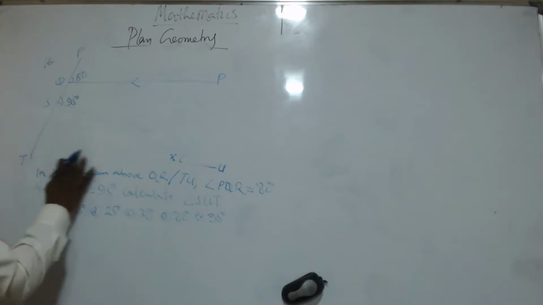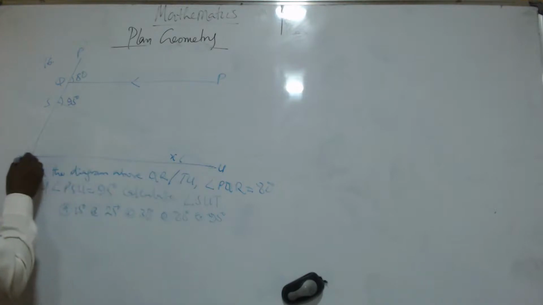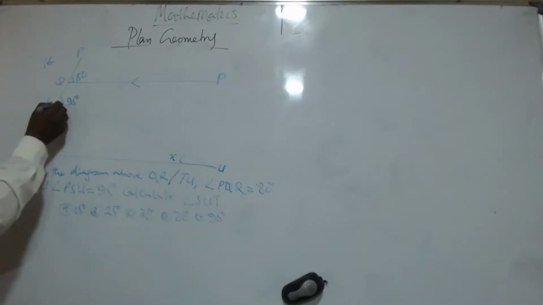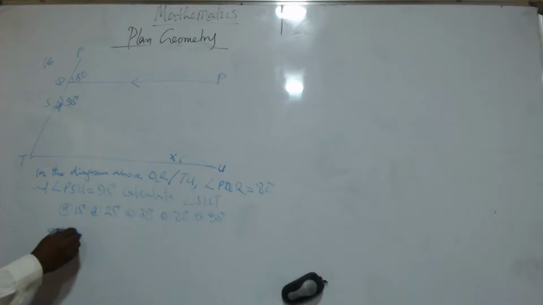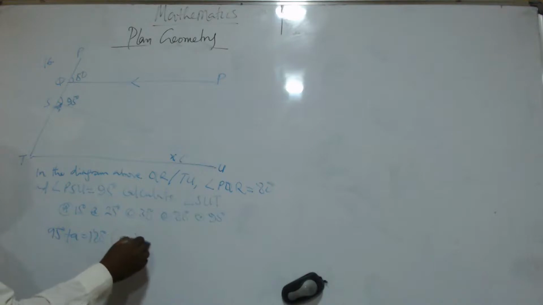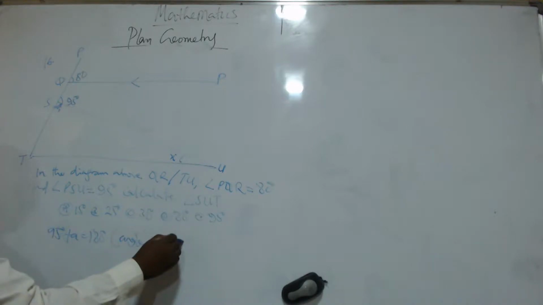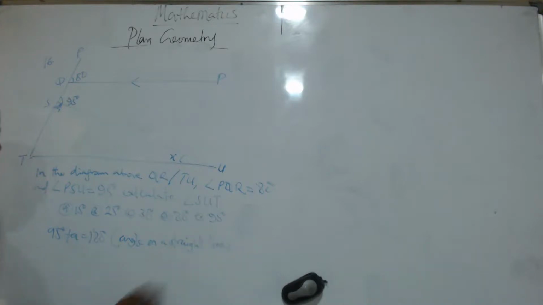This angle here, let's name this A. We're going to have 95 plus A equals 180 degrees. Why? Angles on a straight line.